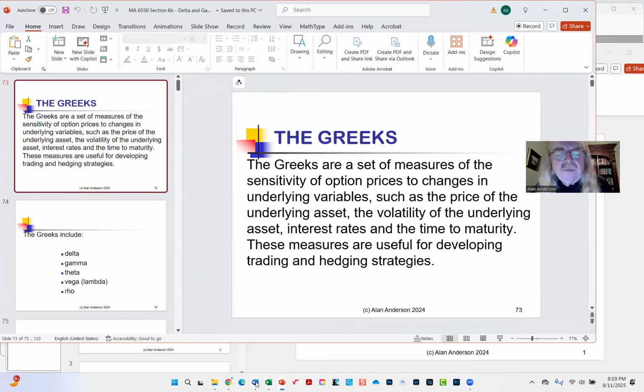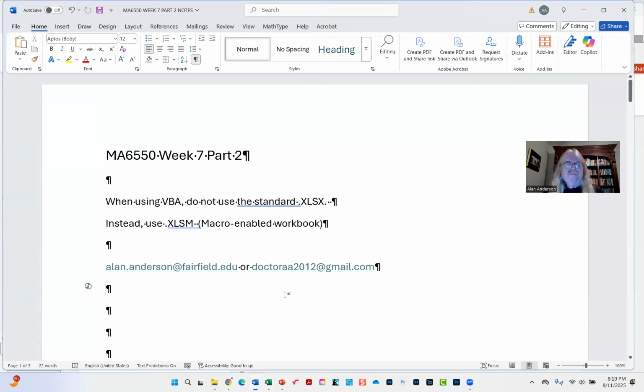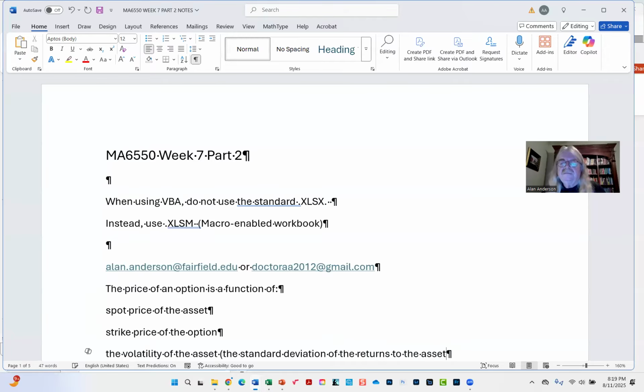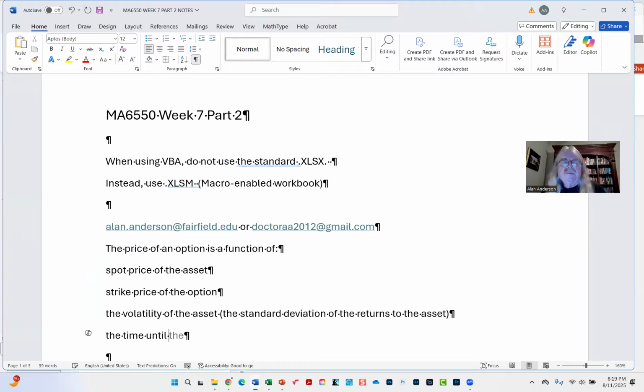Now, just a quick reminder, the price of an option, as we saw with the Black-Scholes model, and by the way, it doesn't matter if it's a call or a put, is a function of the spot price of the asset, the strike price of the option, the volatility of the asset, which can be interpreted as the standard deviation of returns to the asset, the time until the maturity of the option, and the risk-free rate of interest.